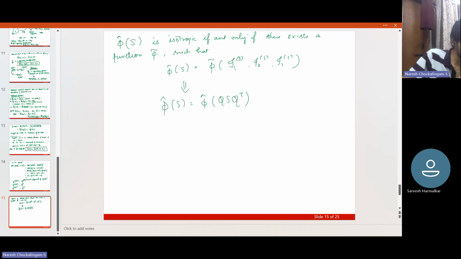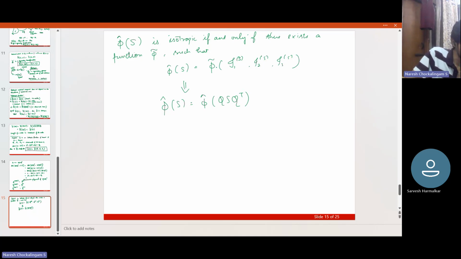So the forward part of the proof is easy. It shows that if it is a function only of the invariants, then this always holds.